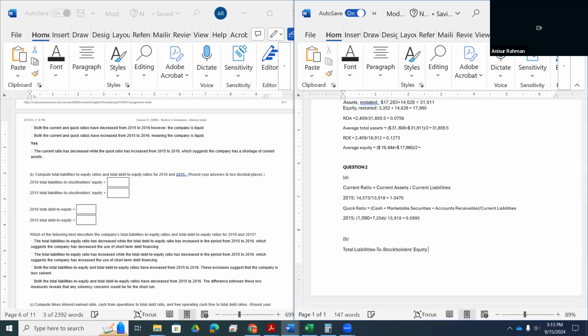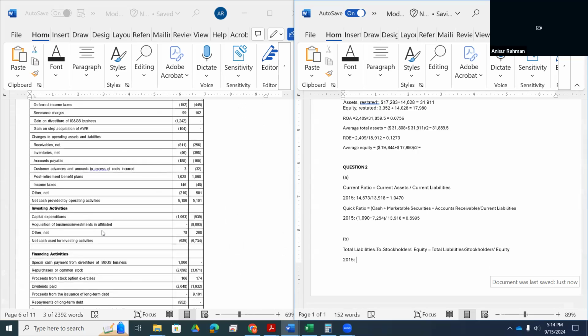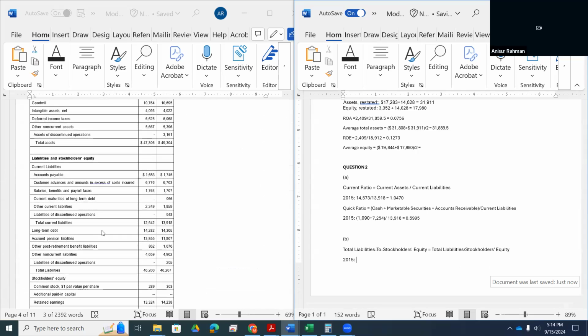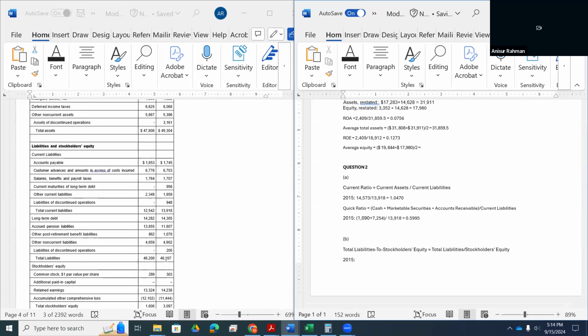So that is equal to your total liabilities divided by your equity. So for 2015, liabilities and equity, these are also balance sheet items, will go to balance sheet.